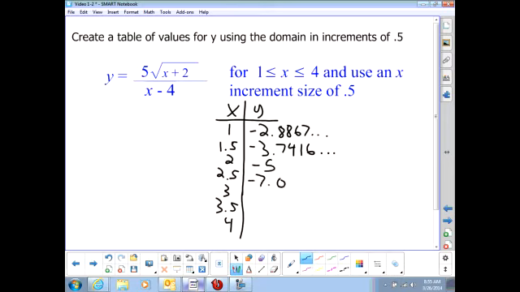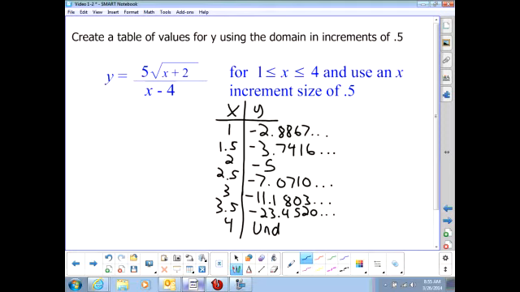Negative 7.0710 keeps going. Negative 11.1803, and it keeps going. And negative 23.4520 keeps going. And then 4, as we had talked about, 4 is what made the denominator 0, so that's why we had undefined.